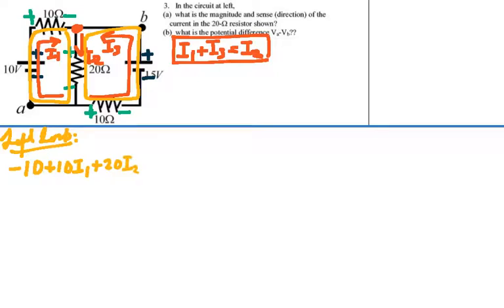We finally make it back to point A, so our total voltage as we traverse that loop will be 0. We want I1 in terms of I2, so now we have 10 I1 is equal to 10 minus 20 I2. Divide both sides by 10, so we have I1 is equal to 1 minus 2 I2.